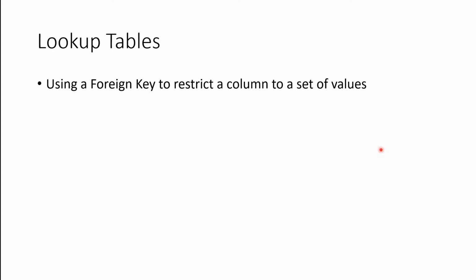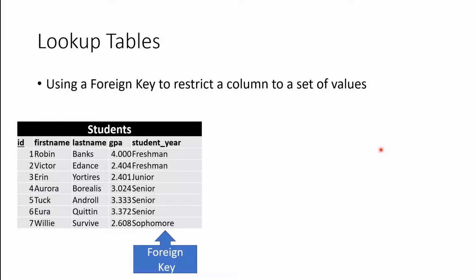So let's talk about a very special type of foreign key called a lookup table. There are times when we want to establish a data domain over a varchar column. For instance, we might have a table of students, and we want the student year to only be freshman, sophomore, junior, or senior. We don't want any other values in here.